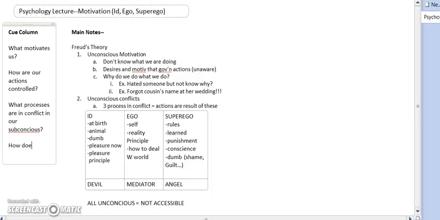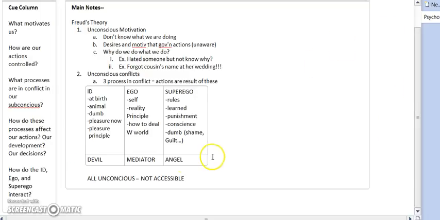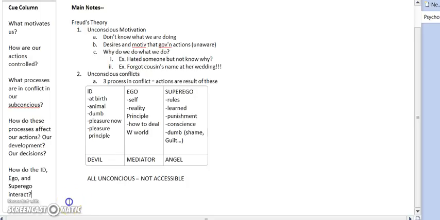How do these processes affect our actions, our development, our decisions? How do the id, ego, and superego interact? Okay, so those questions seem to be fairly reasonable for the lecture that we read.